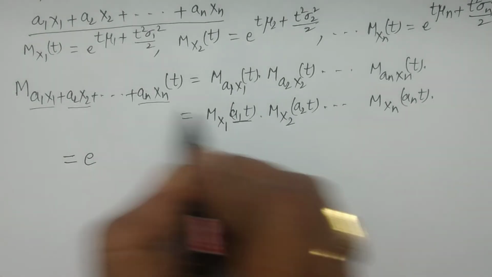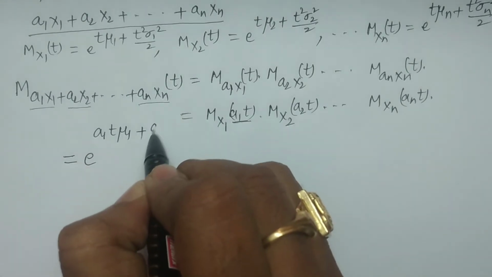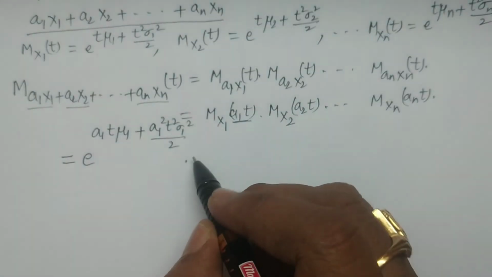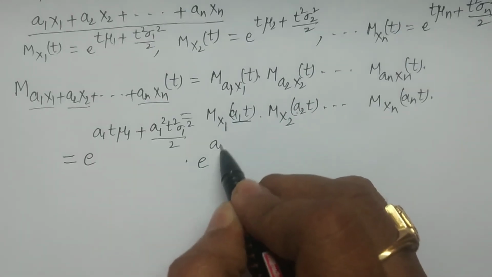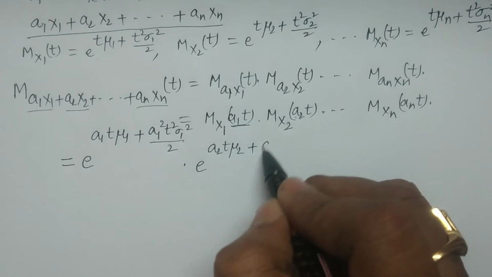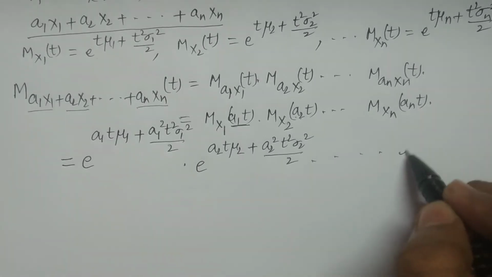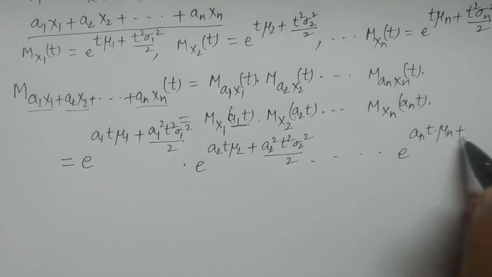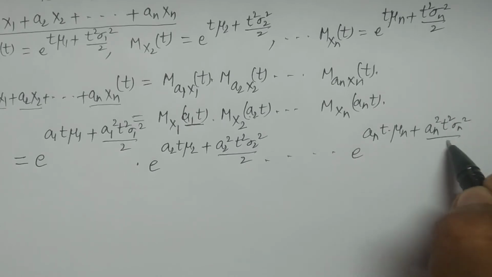So e power a1 t mu 1 plus a1 square t square sigma 1 square divided by 2, multiplied by e power a2t mu 2 plus, in the place of t we have to write, a2 square t square sigma 2 square divided by 2, and so on, e power last one ant mu n plus an square t square sigma n square divided by 2.